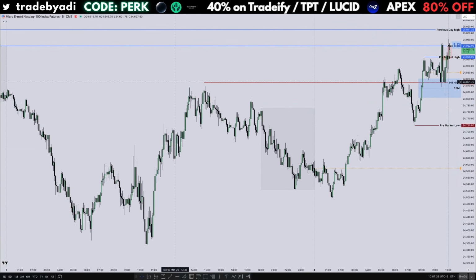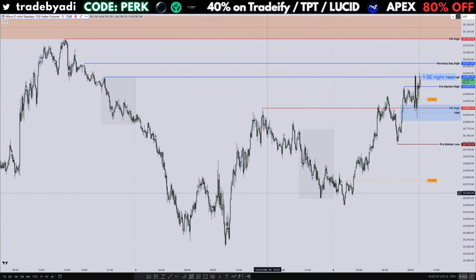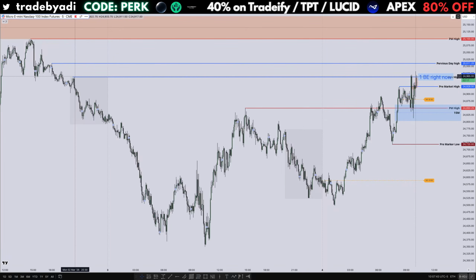Because on a 5 minute, if you see, we have taken out the Asia high. I wanted to make a position, but price took out this thing in one candle, and right now we only have one draw on liquidity as the nearest draw on liquidity.